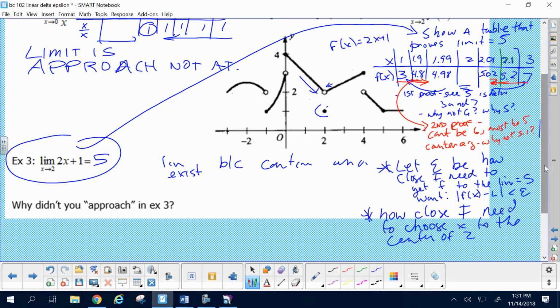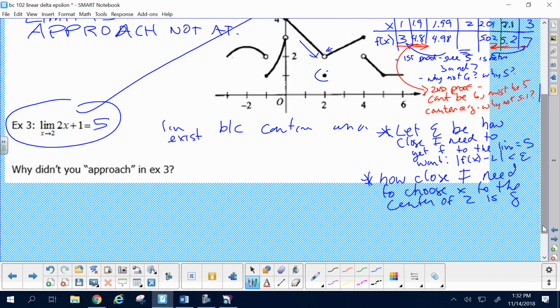How close I need to choose x to the center of 2, that's delta.